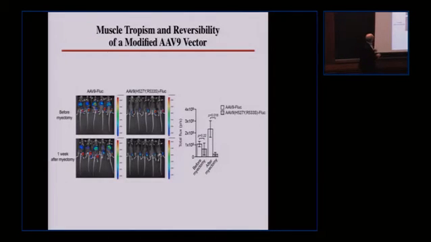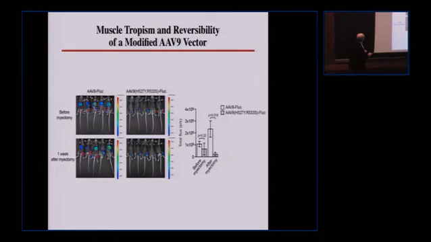The AAV9 is considered to be a muscle-tropic AAV variant. However, AAV9 and other AAV variants have the undesirable property that they can transcytose across blood vessels and enter the bloodstream.